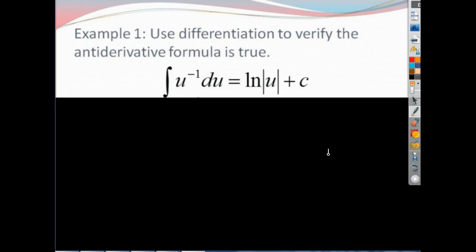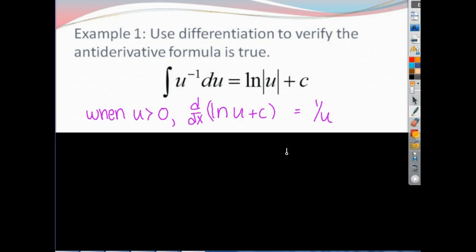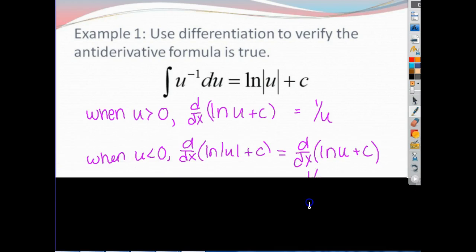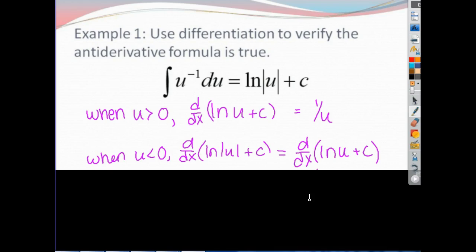The natural log has a domain that we need to take into account, and we have not really taken it into account yet. We know the natural log function and what it looks like. So we have to talk about what happens if the value inside is positive versus negative.